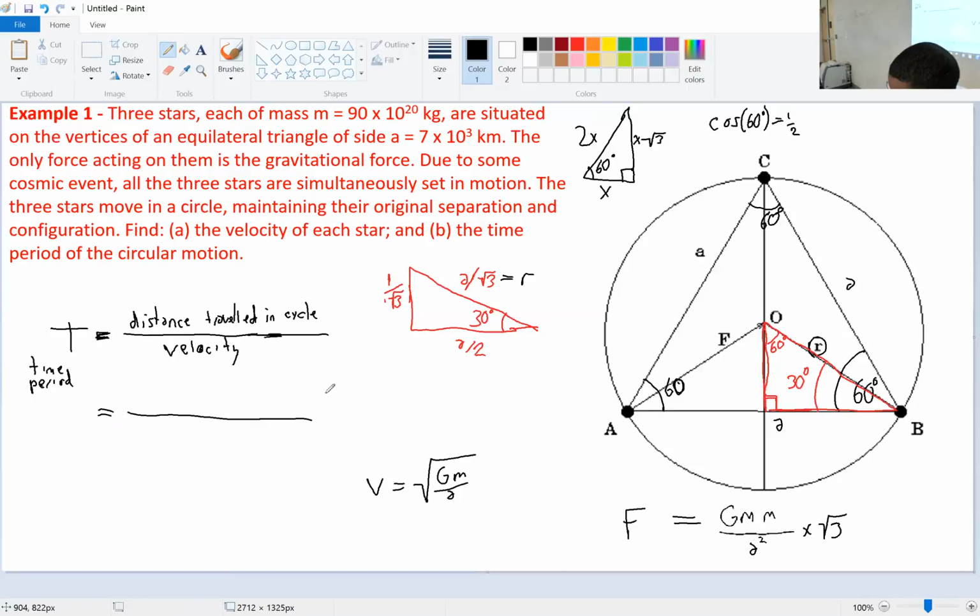And the distance traveled all the way around, so we have R here, is basically just 2 pi R, and then the velocity, you can just say V. We know what V is, we know what R is, you just plug in those numbers, and that's what you get. And that's actually as far as he goes, because you can plug in numbers at that point. So there we go.